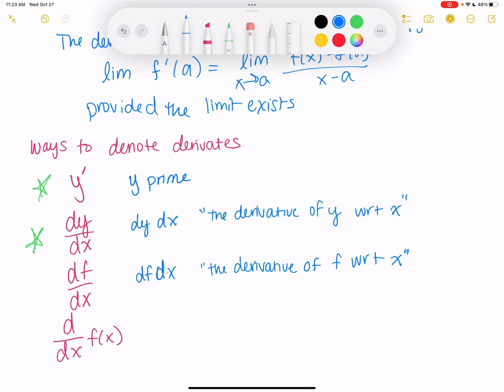In the last one, d dx of f at x, how that one is said, or the derivative of f at x. Okay, so those are all notations that we can use, but the ones that are starred are the ones that I will most commonly use or say.